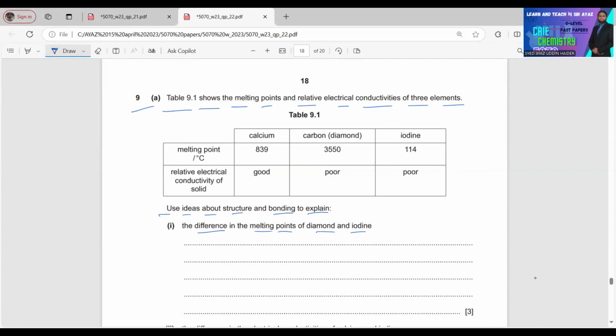So first I will start with diamond. Diamond has a giant structure with strong bonding between all atoms.